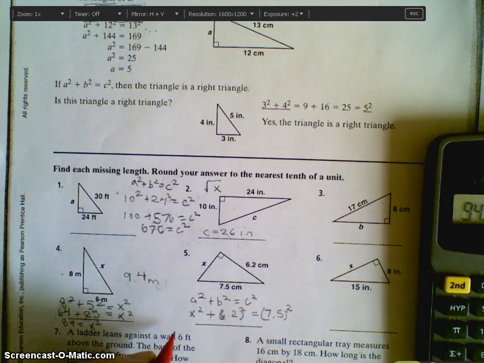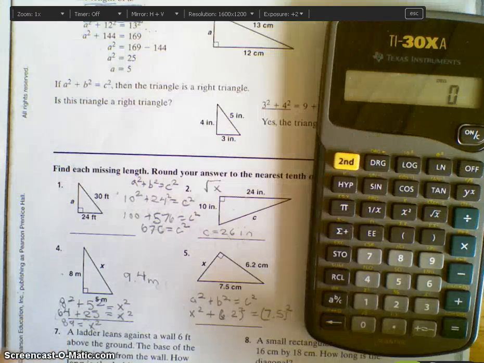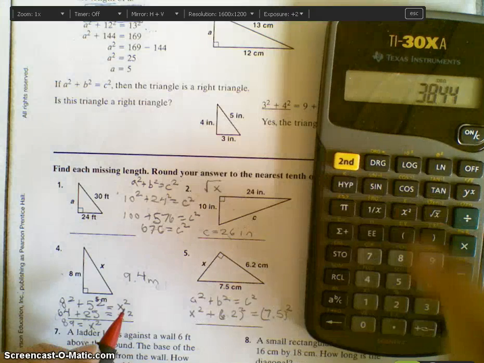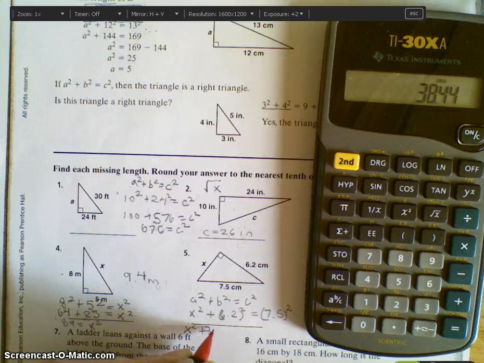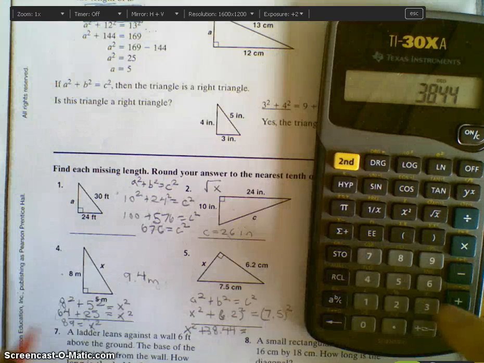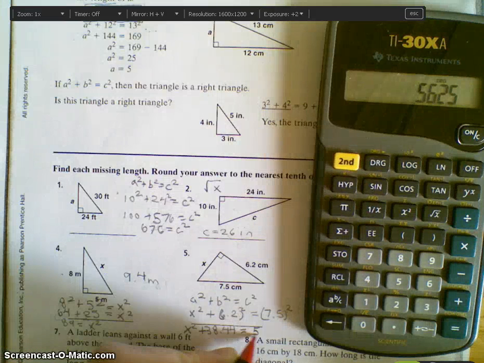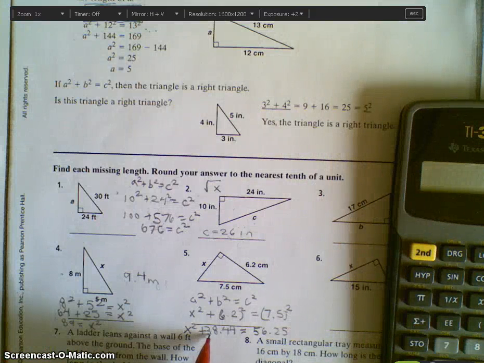So now definitely have to use a calculator for this one here. So let's go ahead and 6.2 squared is going to be, just going to rewrite this out, plus 38.44. That's equal to 7.5 squared. It's equal to 56.25. So now what I have to do is I have to subtract the 38.44 from both sides because I want to get rid of this unit here.